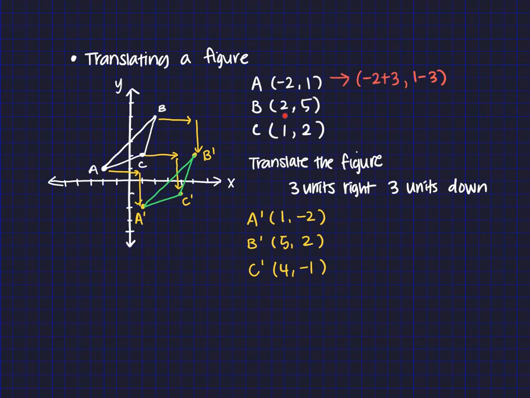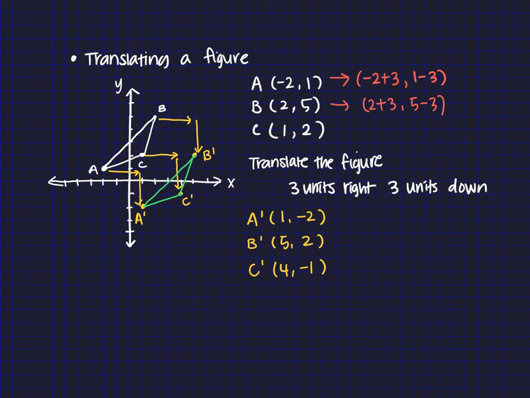My 2 is right here for the B. 2 and 3 units right. 2 plus 3, which is 5, as you can see here. And then you start from 5 for the y value, and you do 5 minus 3. In this case, 5 minus 3 is going to be 2.